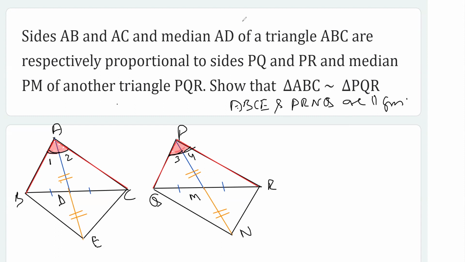If they bisect each other, I can say that opposite sides will be equal. That means this would be equal to this, so I can replace AC with BE whenever I need it. And for the same reason, I can write this is equal to this, that is PR is equal to QN.